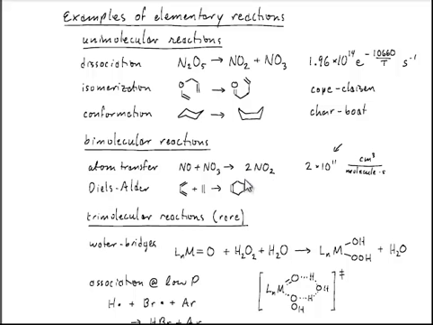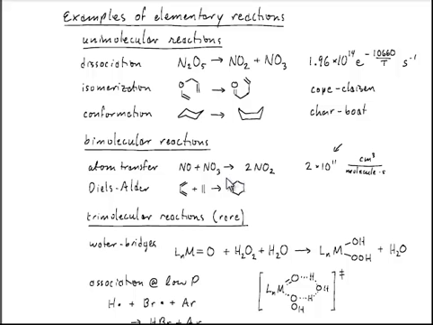Okay, so this reaction is bimolecular, and the rate constant should have units of volume per mole per time, so that when you multiply that by moles per volume and moles per volume, you end up with moles per volume per time for the rate of the chemical reaction.